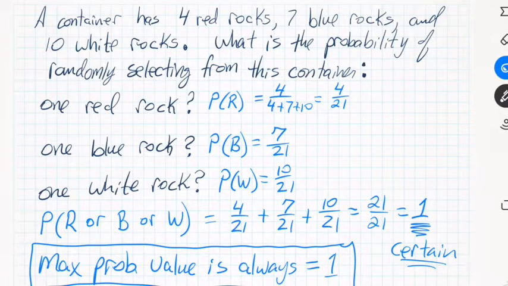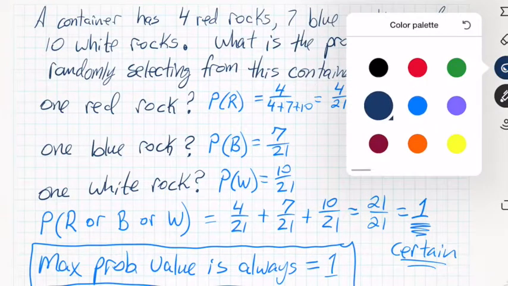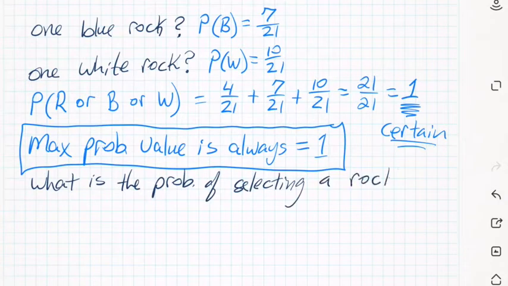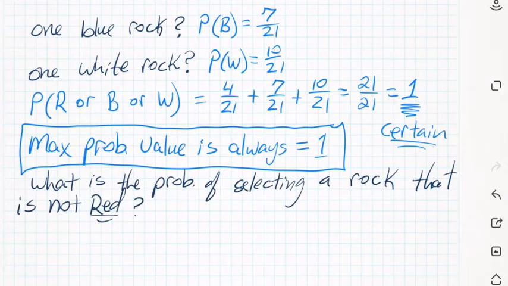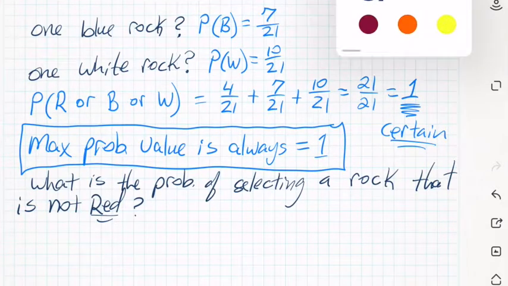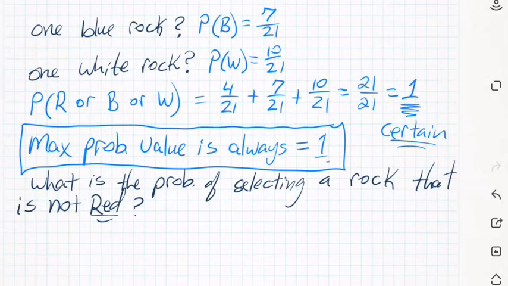For instance, if I said, what is the probability of not red? This is a cool little question, because what if I didn't go looking for probability of blue, probability of white individually, so I could look at it that way? Another way of answering this question is I know the sum of the probabilities is going to be 1, and I know the probability of being red is 4 out of 21.